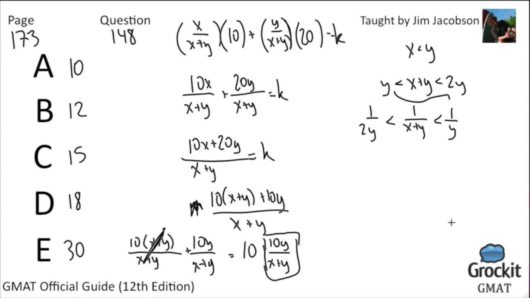And if we put a 10y in the numerators of all of these, it makes our life easier, again, because we're trying to make it look like this expression here. So 10y over 2y. We're multiplying every term by 10y in our inequality string.